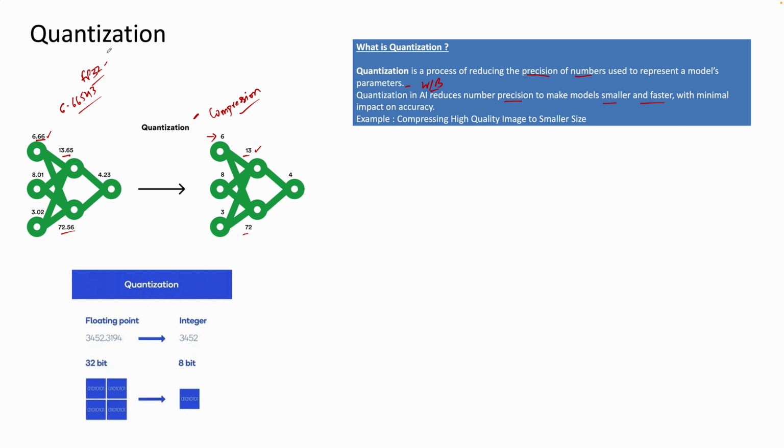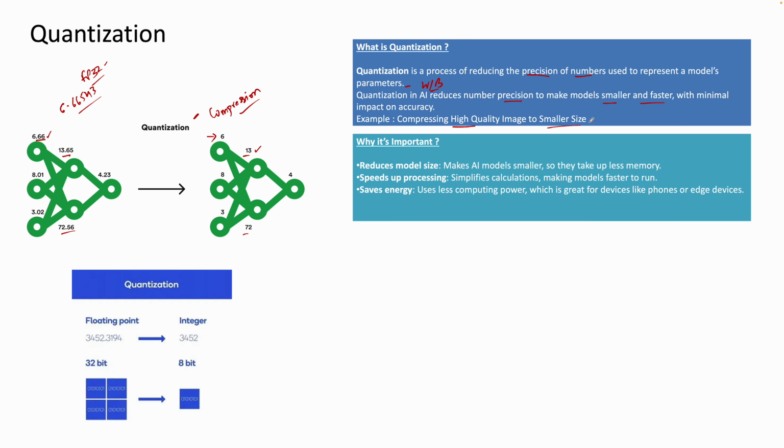It would need more computation. But it's the other way around now. I'm reducing the precision, which is making my model smaller and faster because it needs less computational resources. A real world example, not with LLM, is compressing a high quality image to a smaller size. This is kind of quantization.